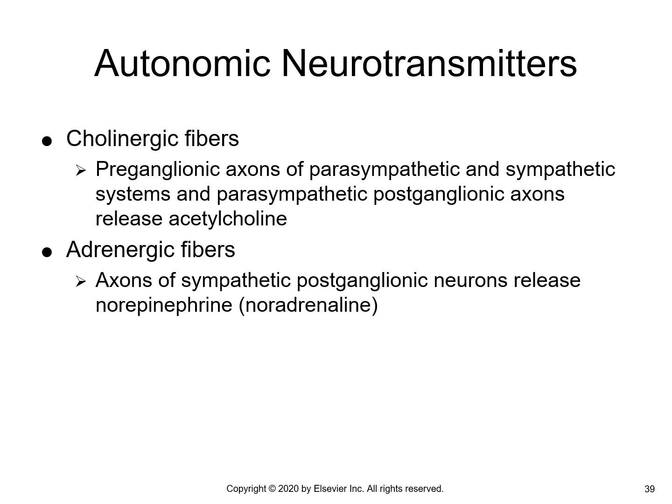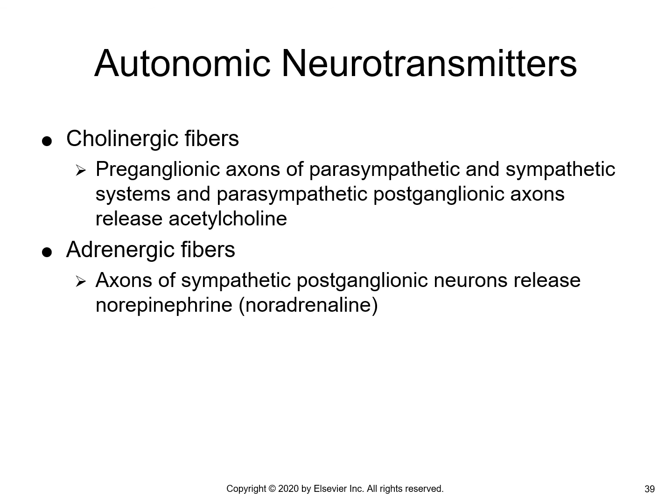That's going to be a little assignment. Adrenergic fibers are axons of sympathetic postganglionic neurons, which release norepinephrine, noradrenaline. So I also want you to look up norepinephrine. So please post definitions of acetylcholine and norepinephrine in our discussion section.